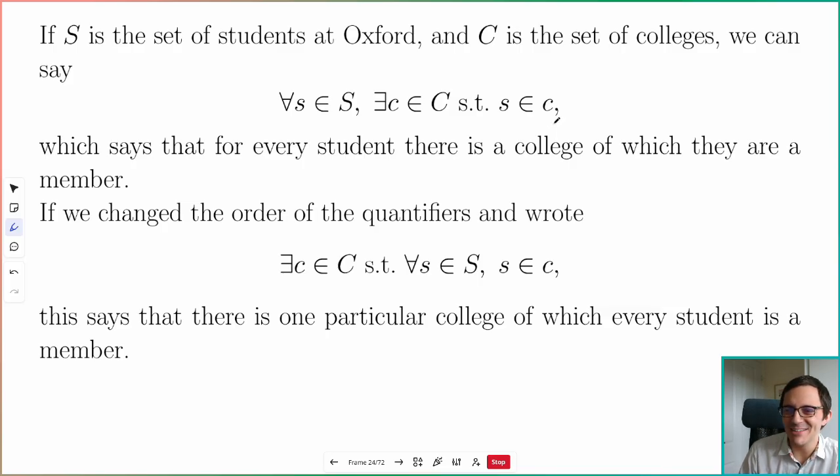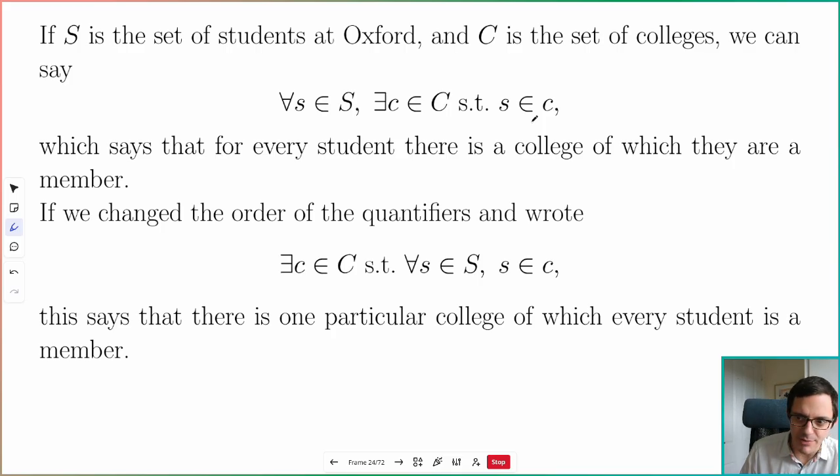We're being a little bit cute here, I think. I suppose the set of colleges is a set of sets. Is a college a set? Well, never mind. It is for this example. So this says, for every student, there is a college of which that student is a member.